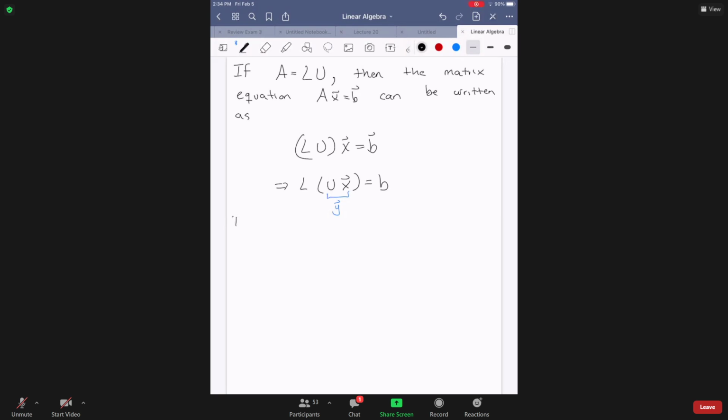So then we get the following matrix equations. So you get these two. You get U times X is equal to Y, and that comes from here, right?